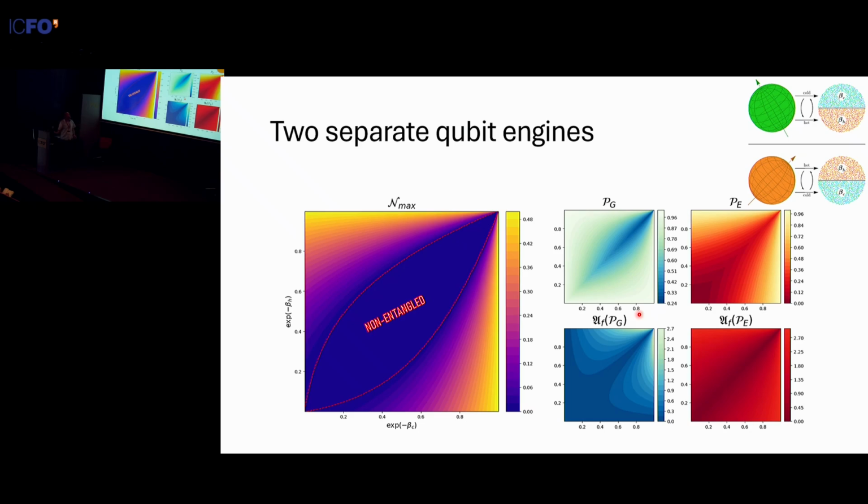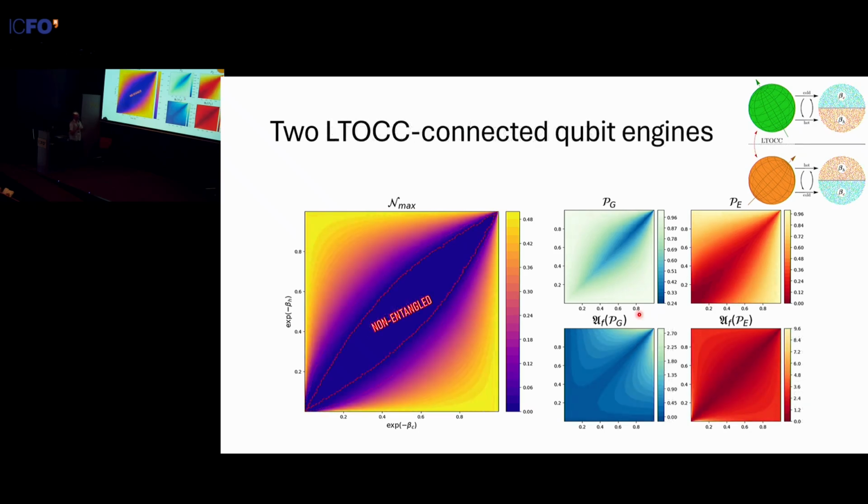Changing it over to allowing both parties to communicate even in a classical manner further expands our ability to generate entanglement. On the sides, you can also see what are the advantages for populations on the ground in excited state. And the most important feature is that in this case, the maximal entanglement is actually generated both for very high and very low temperatures for both parties.